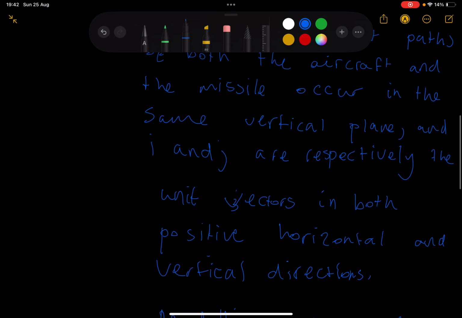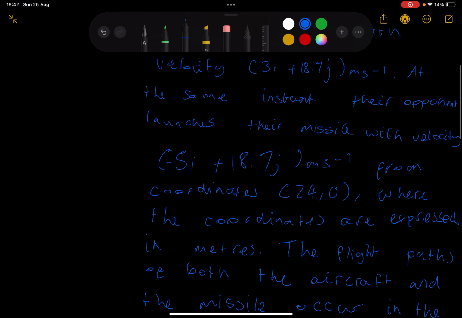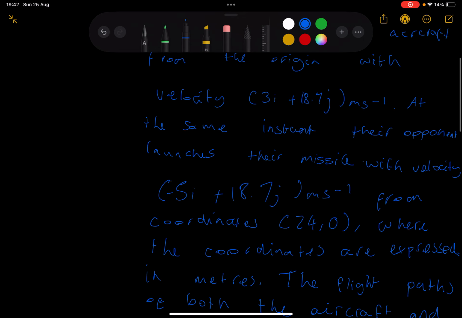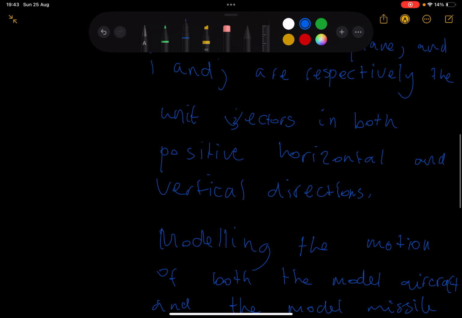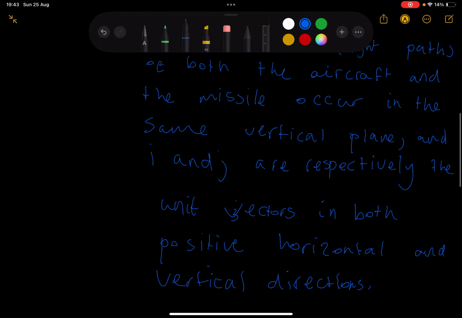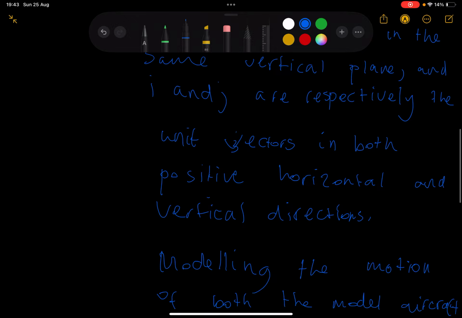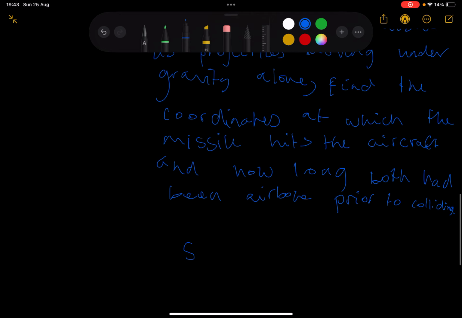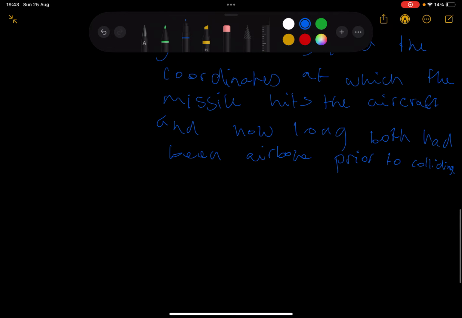Since i and j are vectors in the horizontal and vertical directions, we can represent them as variables in the initial velocity vectors.